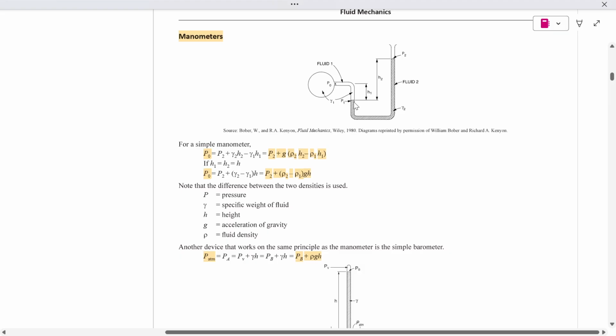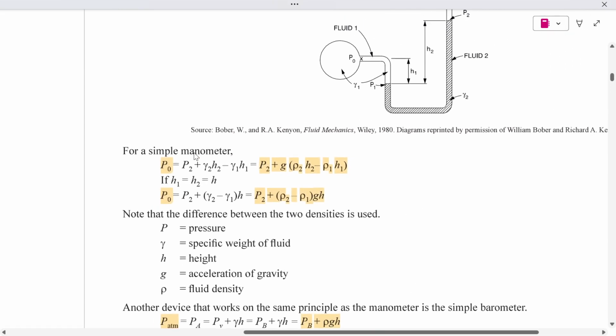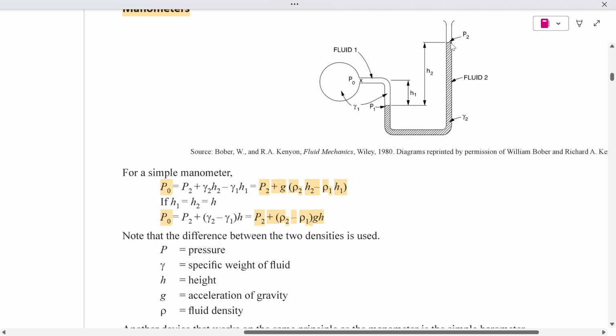At the same level, for simple manometer, P0 is equal to P2, P2 is on the top, plus rho 2 minus rho 1 GH, where rho 1 is the density of the first fluid that is present inside here, okay, and rho 2 is density of mercury.